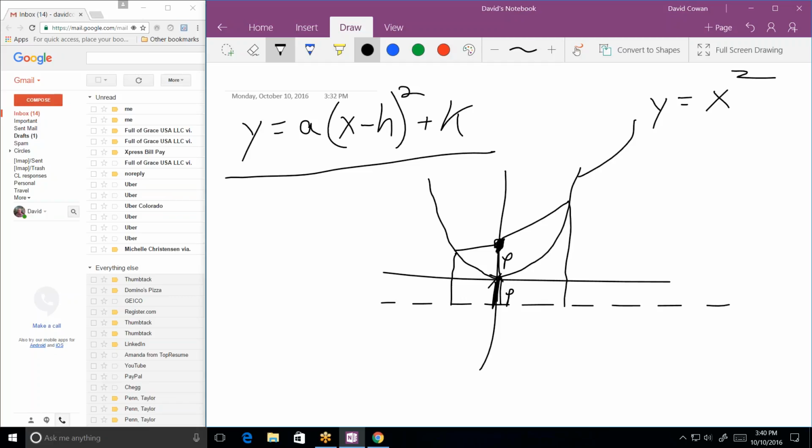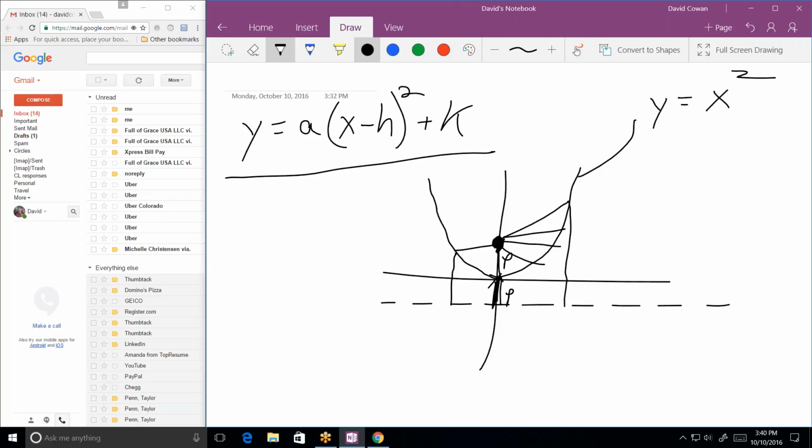And there's only one focus in a parabola. And here's a very interesting part of parabolas: if you were to put a light bulb right there, all of its rays would go in all kinds of different directions, right?